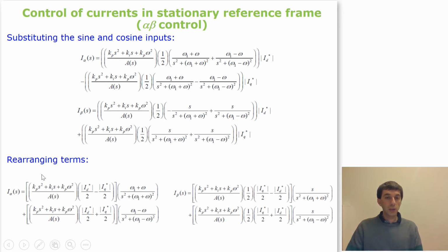And these two sinusoidals are multiplied by one term that depends on the amplitude of the current inputs, this one and this one, and then again we have the equation with the three poles and the second order zeros that depend basically on the gains of the regulator. And something very, very similar we have in beta current. However, here, instead of having a sinusoidal, we have a cosinusoidal. And here again, we have another cosinusoidal term.